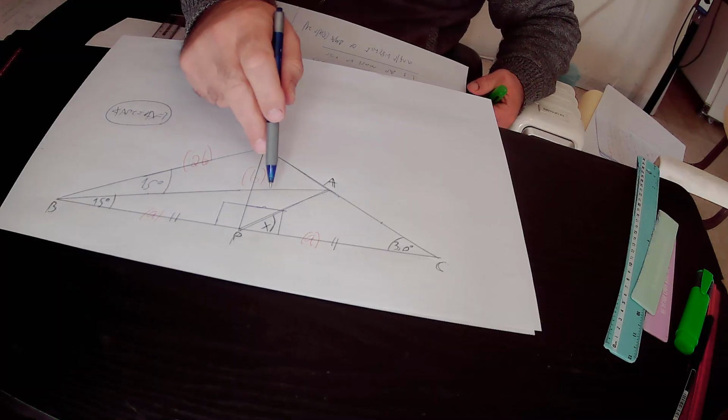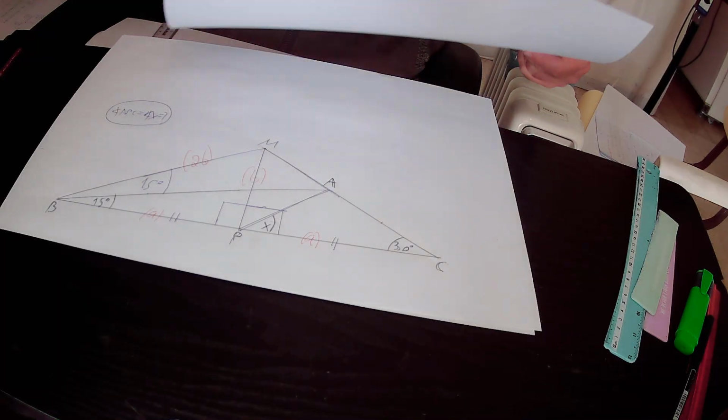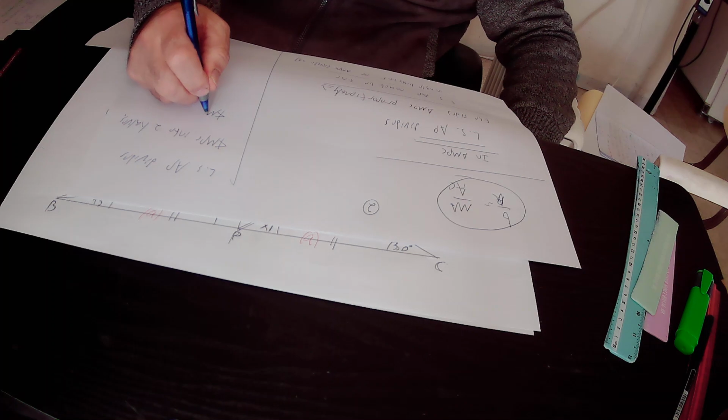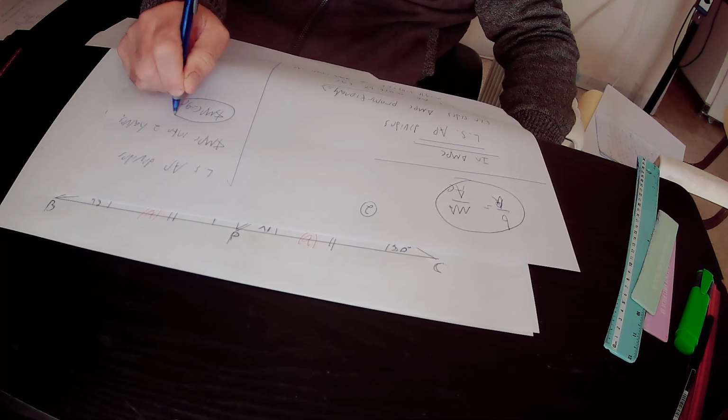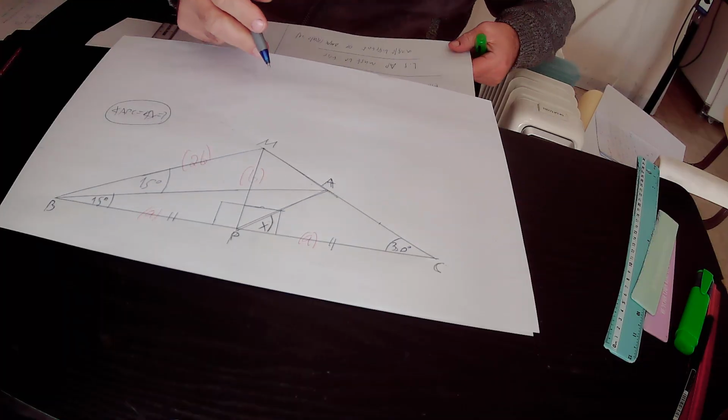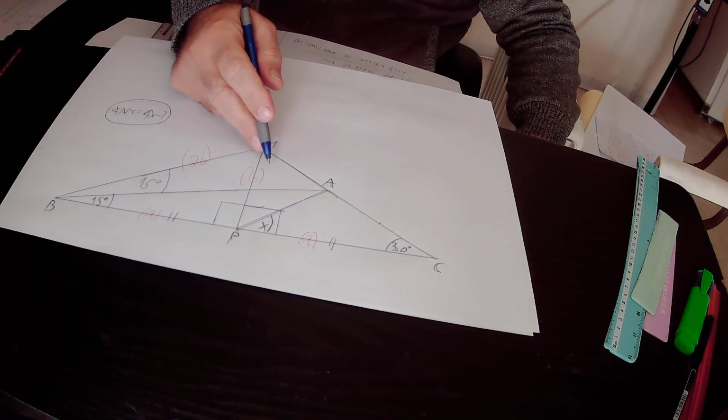Angle MPC equals 90 degrees in size. Therefore, each half of angle MPC equals 90 degrees over 2, that is 45 degrees.